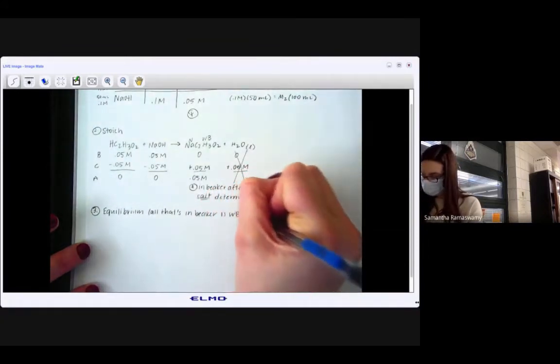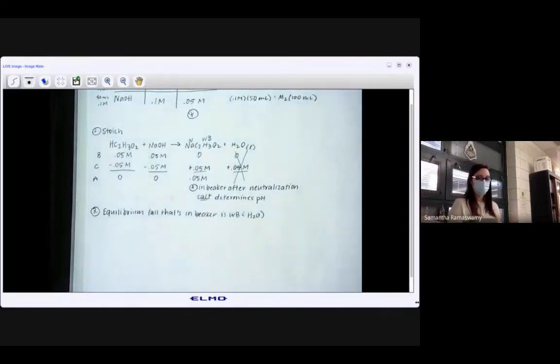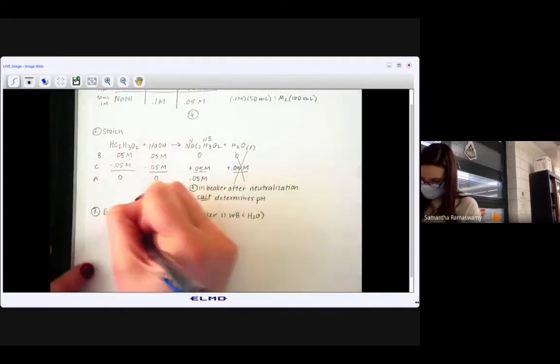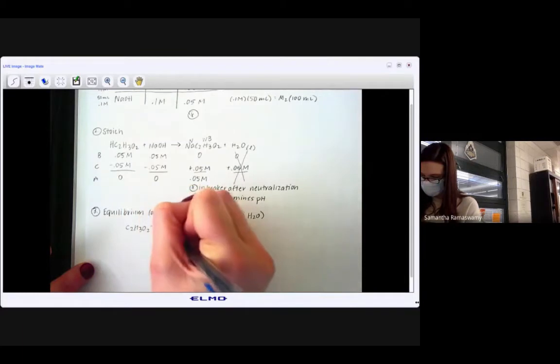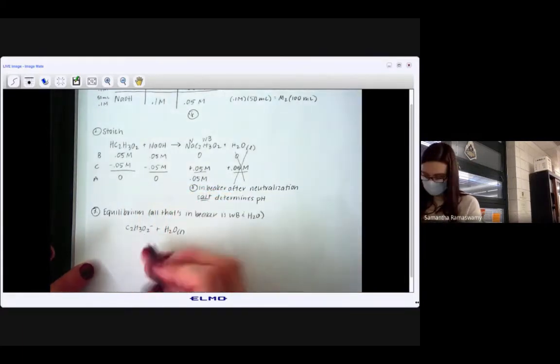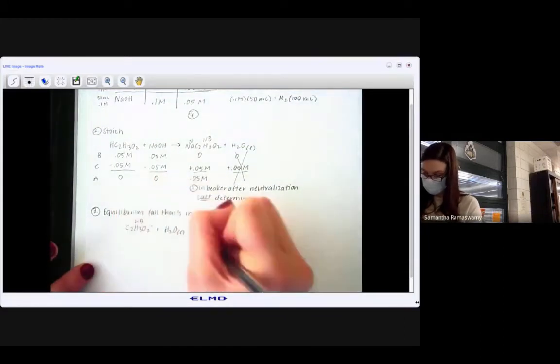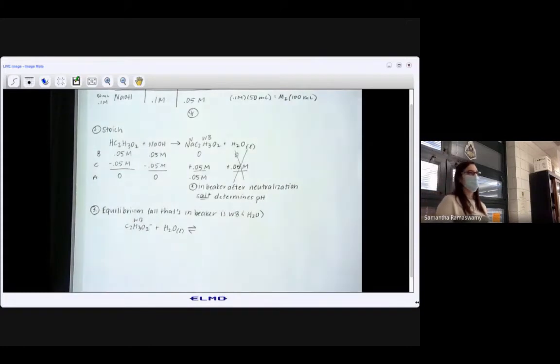Now, yes, Na plus is in there as well, but it doesn't affect the pH. So in the beaker, we have this weak base, C2H3O2 minus, and H2O. This is a weak base. It's weak. It exists at equilibrium. So it gets the double arrow.